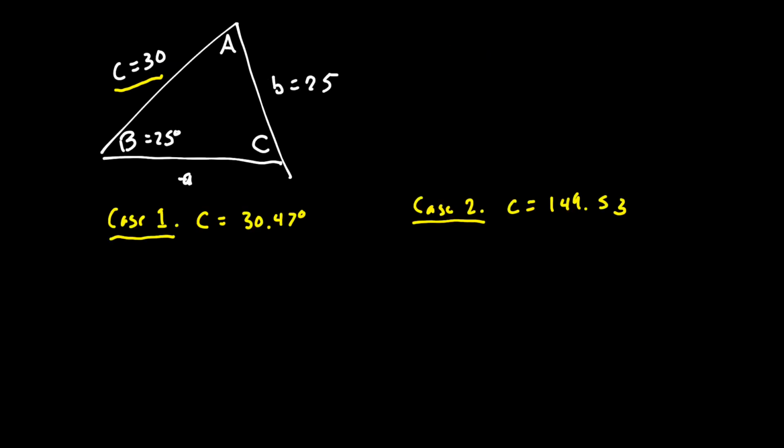Before we end this problem, let's summarize the solutions that we found. For case 1, where we had that C was equal to 30.47 degrees, we found that angle A was 124.53 degrees, and side a was 48.73.